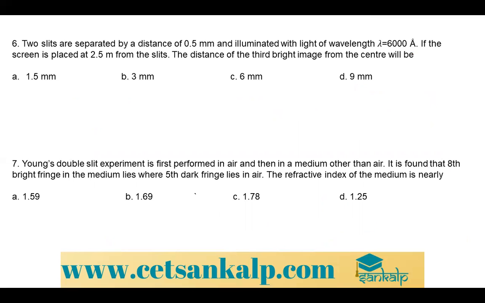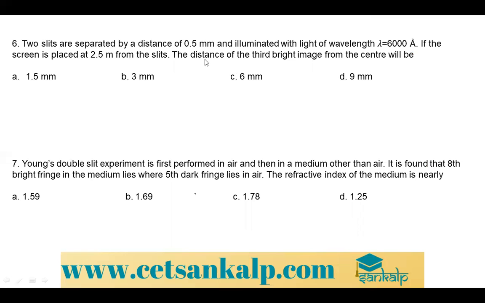Two slits are separated by a distance 0.5 mm and illuminated with the light of wavelength 6000 Angstrom. If the screen is being placed at 2.5 meter from the slits, the distance of the third bright fringe from the center will be.